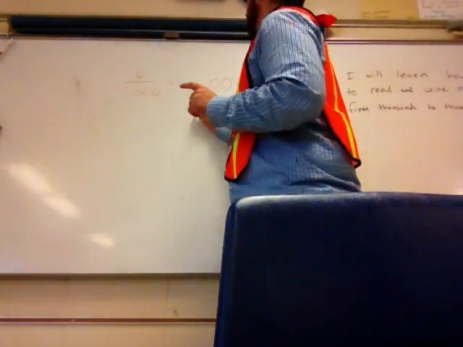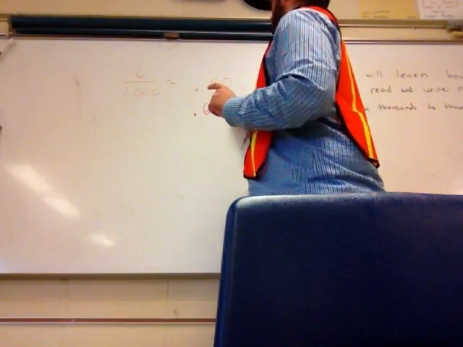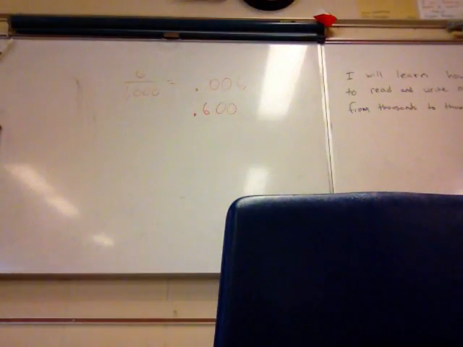But why would it not be this? That's my question to you. Why would it not be that? That's 6/10. It's equal to 6/10, but we don't read it that way. First read the number, then what's the place value?